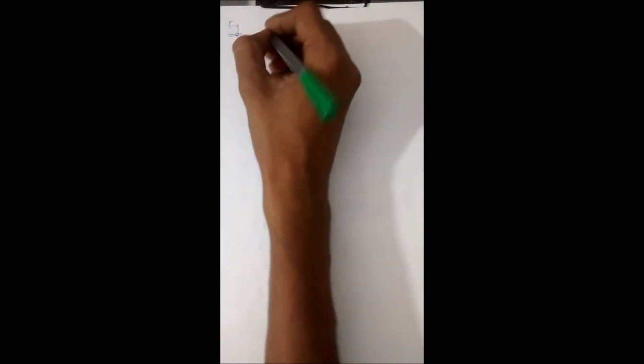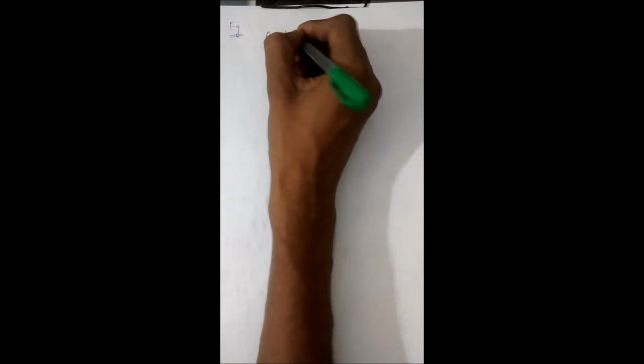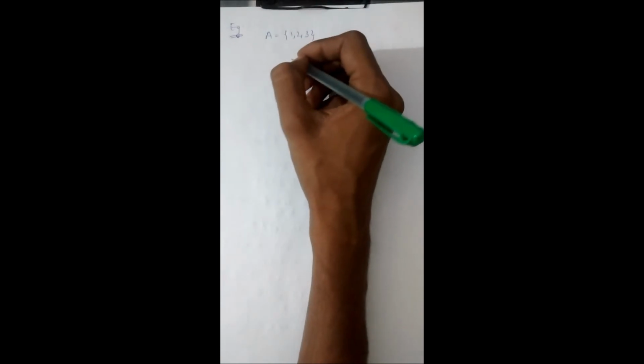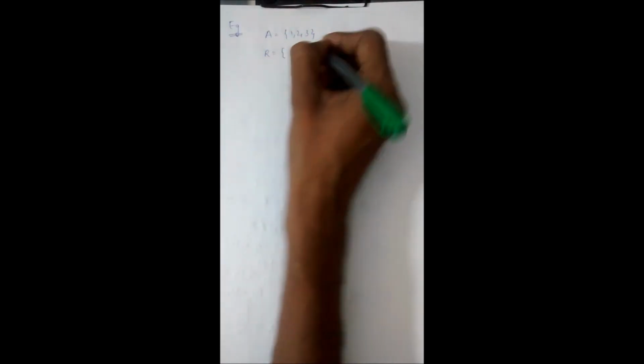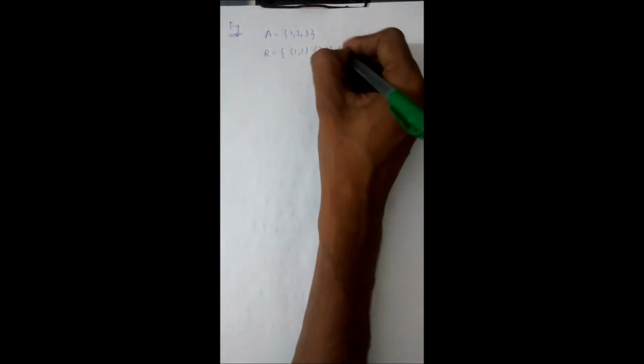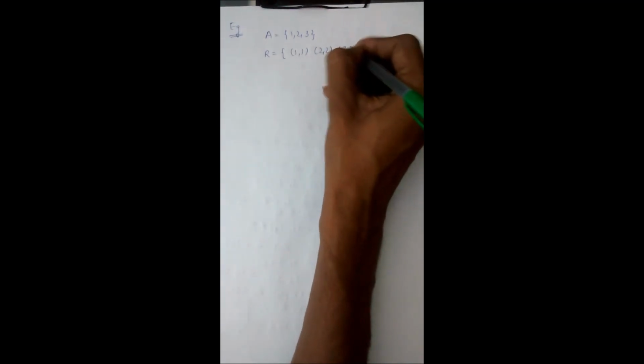What do we have? Show that the relation R in the set A, let us suppose that {1, 2, 3} is my set A, and the relation R is given by (1,1), (2,2), (3,3).